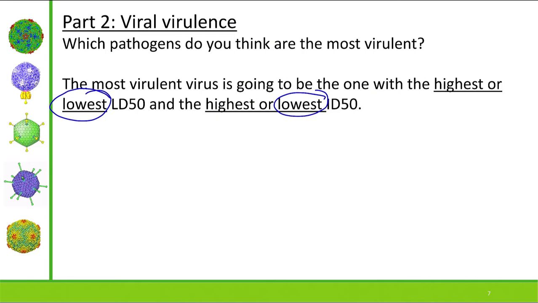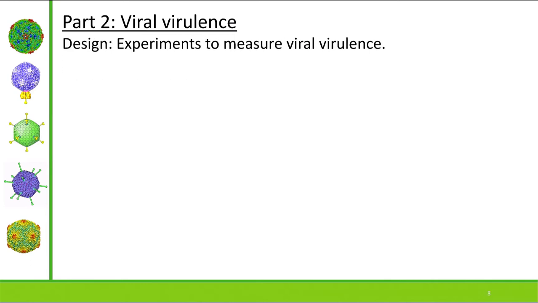So now that we've talked about this idea of virulence, we've introduced virulence factors. We've talked about how attenuated viruses are how we've learned a lot about these virulence factors. Using that information, I want you all to brainstorm and think about what are some experiments that we could do to measure viral virulence.